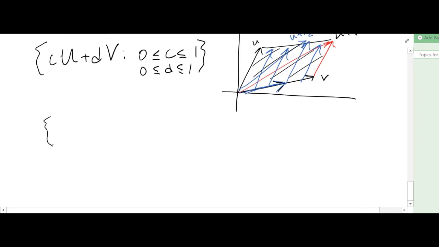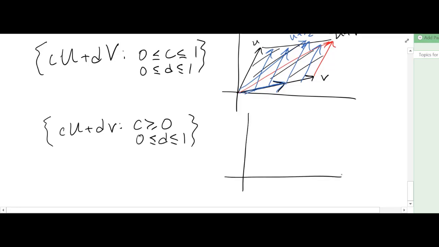Another example would be if you take cu plus dv, where c is bigger than 0 and d is still between 0 and 1. In this case, that's u, that's v. u is allowed to get as large as we want, right? Because c ranges from 0 up to infinity. So cu could be anywhere along there.